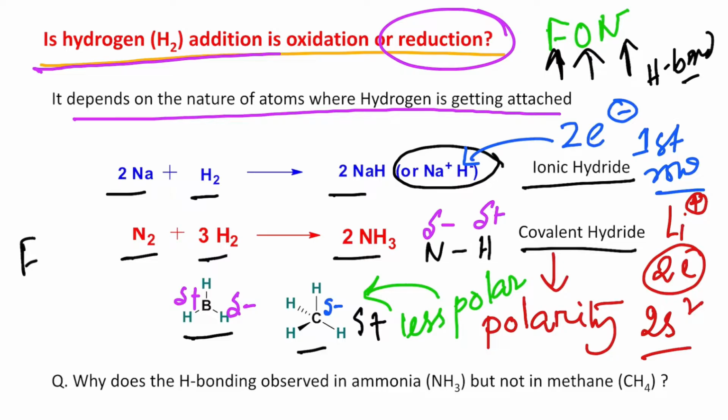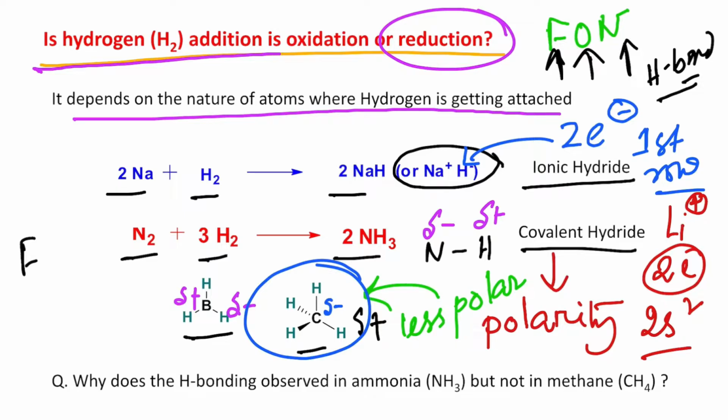There are very few exceptions, but please don't forget about these exceptions. They are capable of forming hydrogen bonds, whereas methane can't form a hydrogen bond because the polarity of the carbon-hydrogen bond is so small that it is not capable of producing hydrogen bonding.